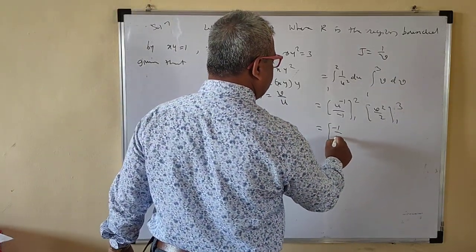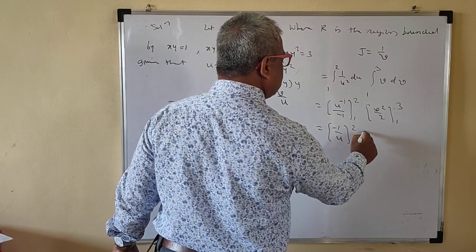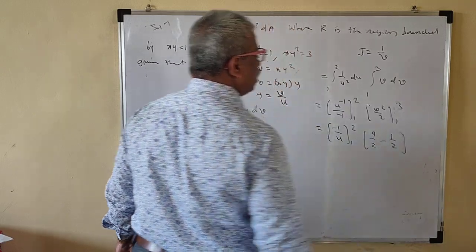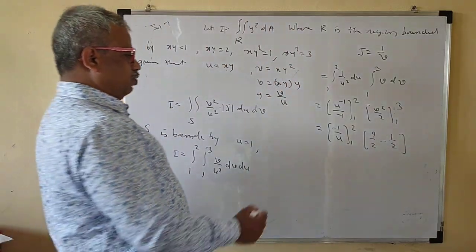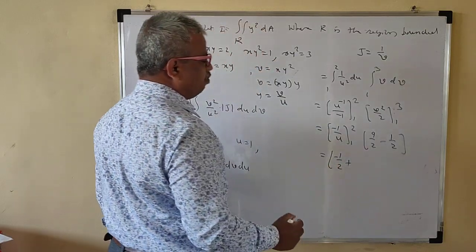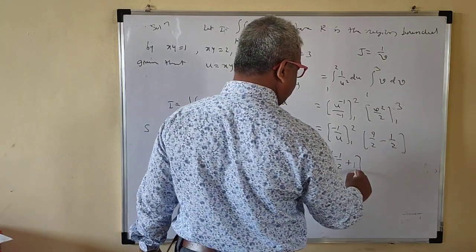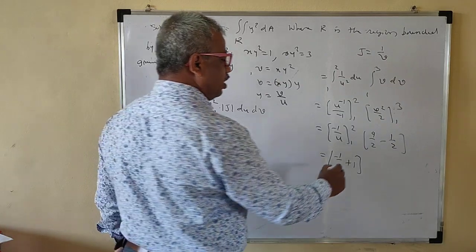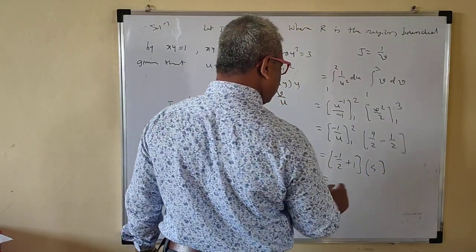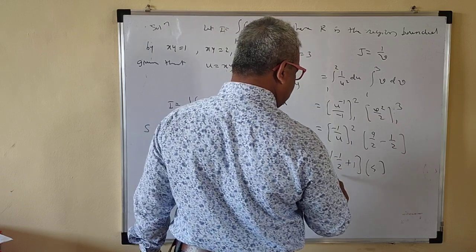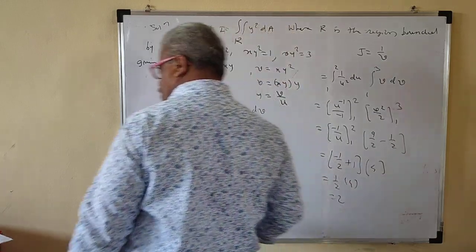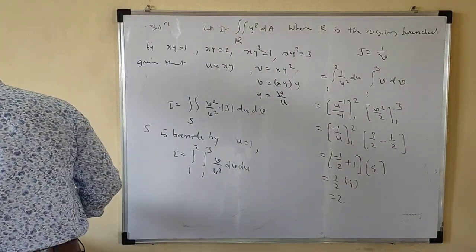The second is 9 by 2 minus 1 by 2, which is 4. The first is minus 1 by 2 minus minus 1, which becomes plus 1, so it is plus half. Into 4, this is 2. So your answer is 2.